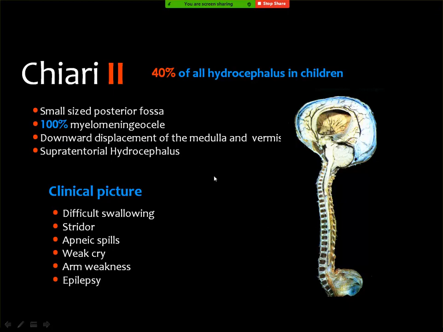Then one of the important issues whenever you are confronted by a case of supratentorial hydrocephalus is to ask the parents of the patient if he or she has a meningocele. This will support the diagnosis of Chiari.